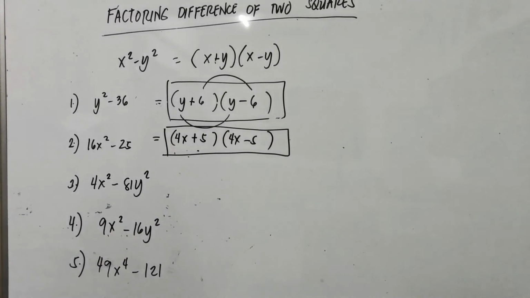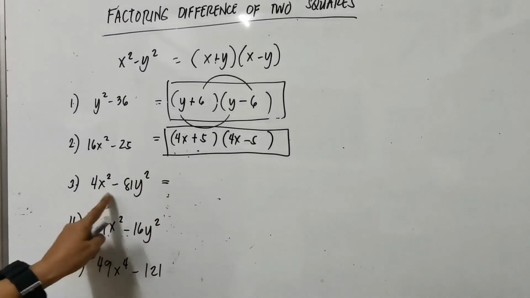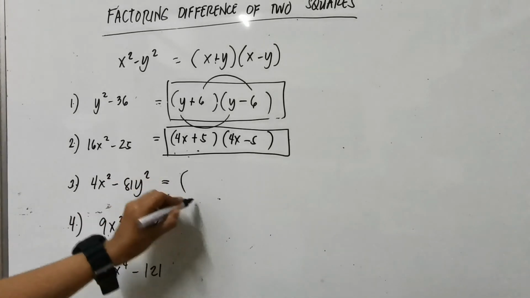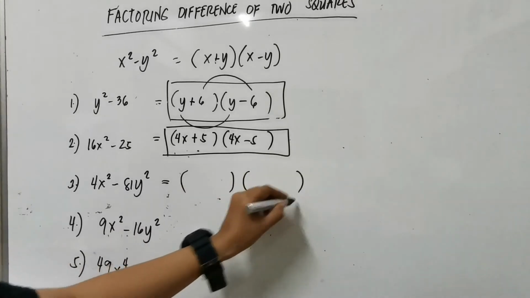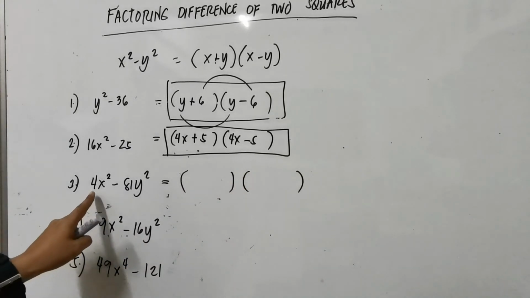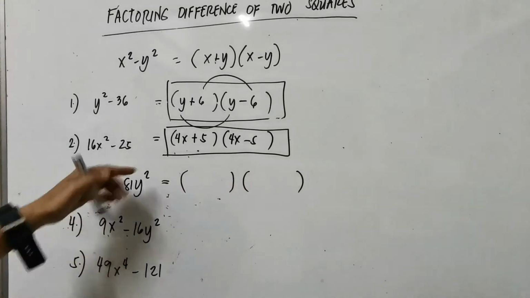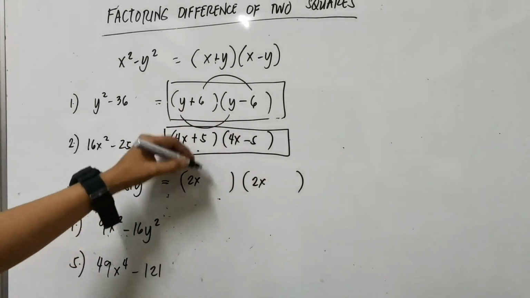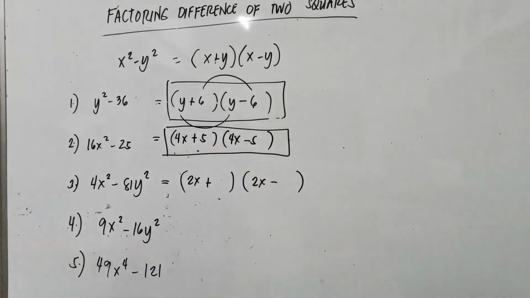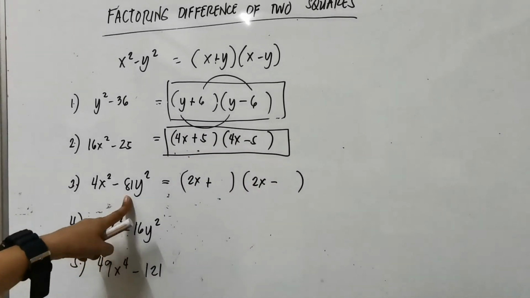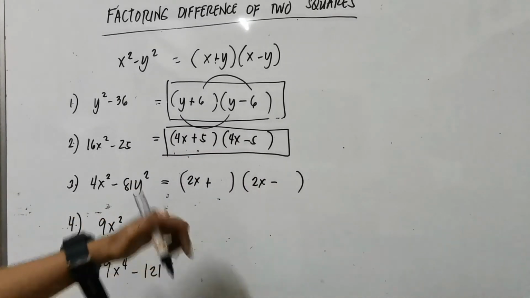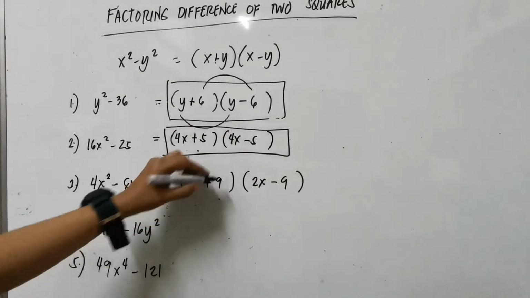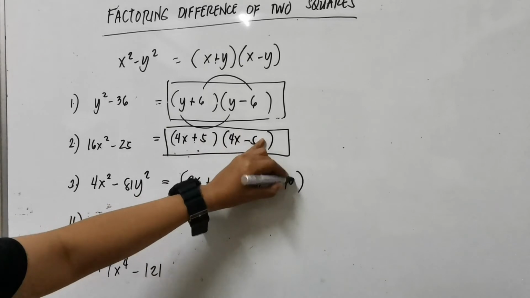Okay, for number 3, we have 4x squared minus 81y squared. The same. Ang square root ng 4x squared ay 2x. Then, plus and minus. Square root of 81 is 9. So, we have y squared is y.